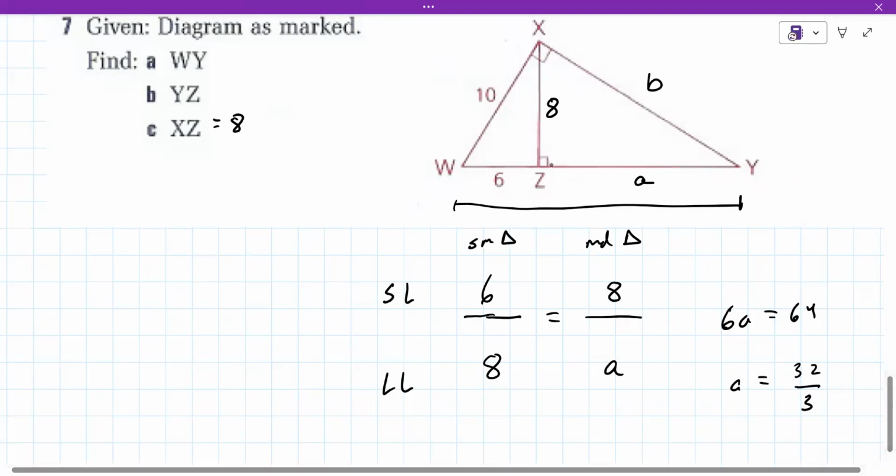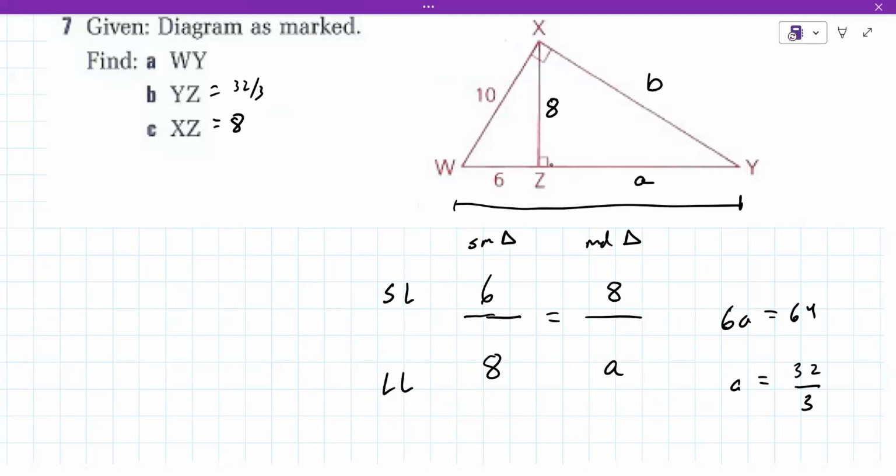So we actually have found, I guess, everything. W to Y is 6 plus the 32/3, which is the 50/3 you were mentioning earlier.